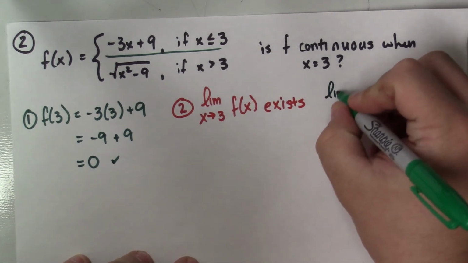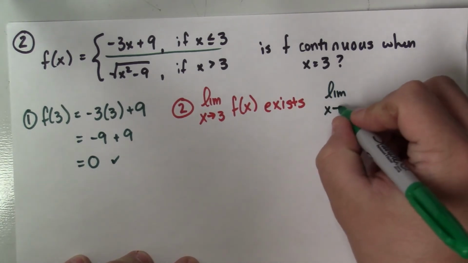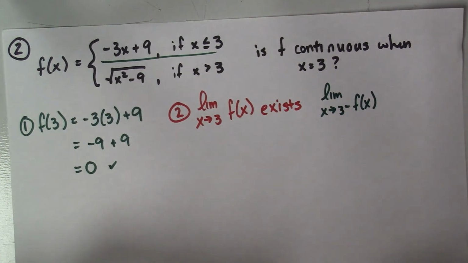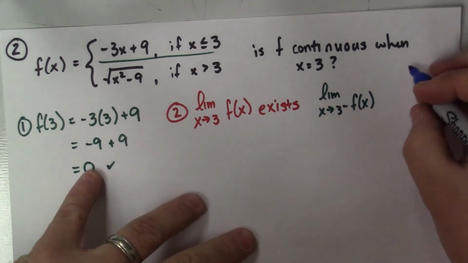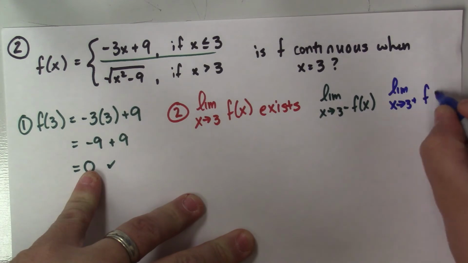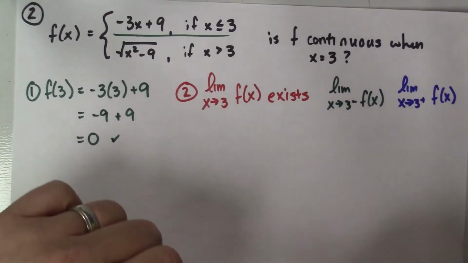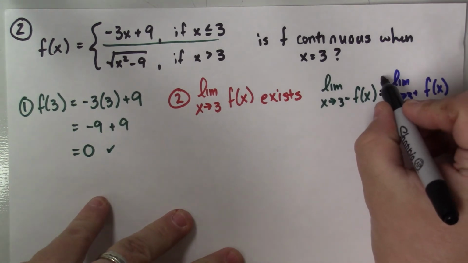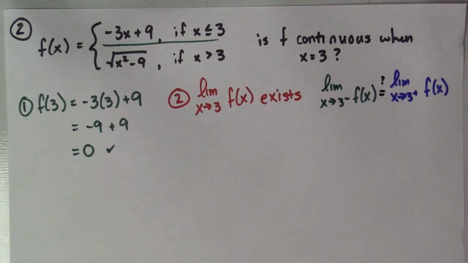So I'm saying here that this is true if the limit as x goes to 3 from the left and the limit from the right have to be the same. And I'm going to put a little question mark there because that's going to remind me that I need to check that they're the same.